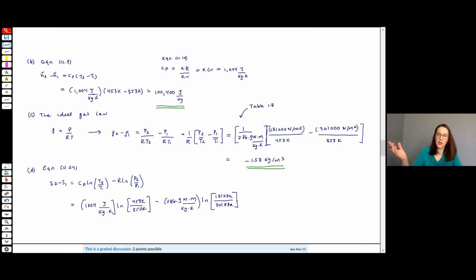Now here it doesn't matter if it's in pascals or kilopascals because we're just looking at the ratio, right? It's going to be the same either way. And we get that it is 396 joules per kilogram Kelvin.